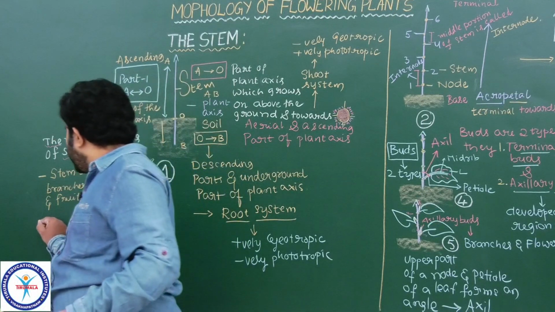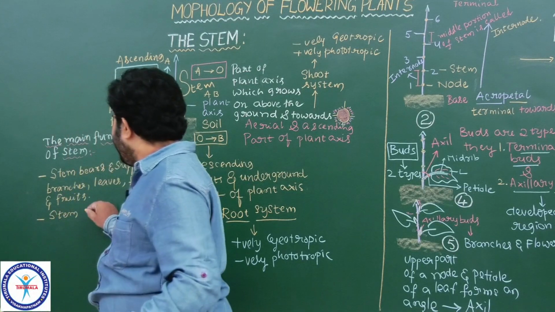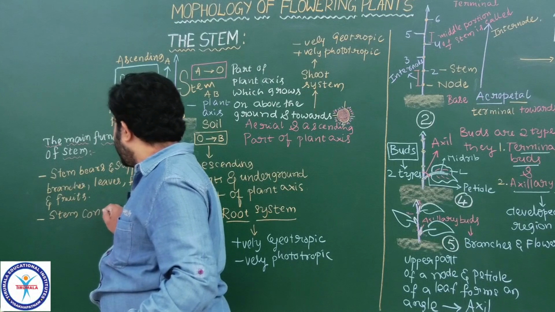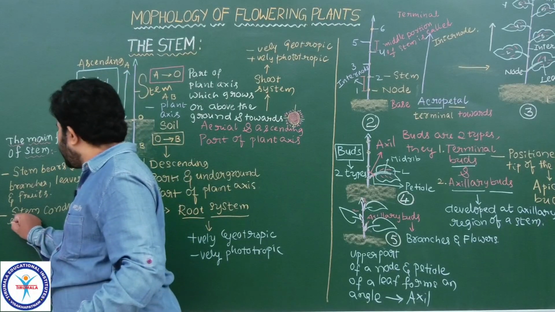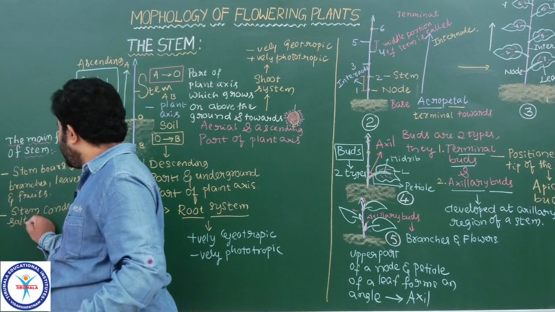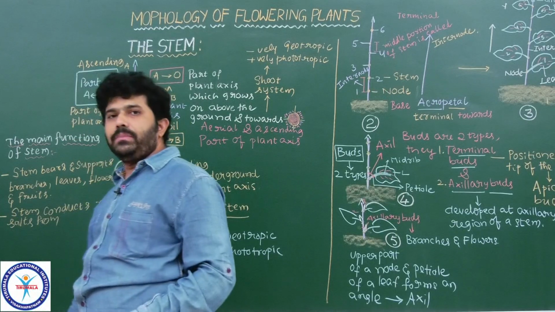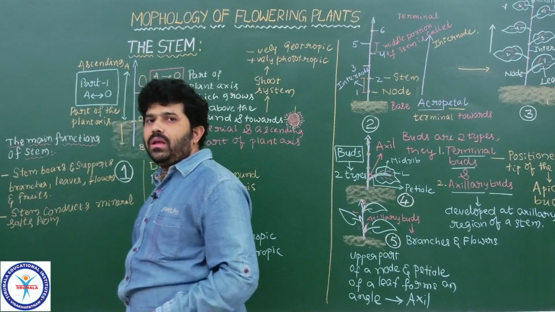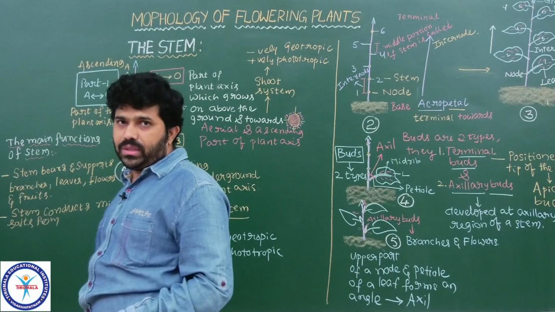The next function is that the stem conducts. Conducts means transports mineral salts, which include water and minerals, you know, right? Water and minerals are sent through the root into the stem.